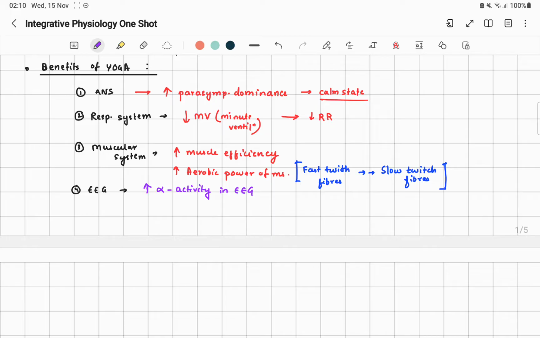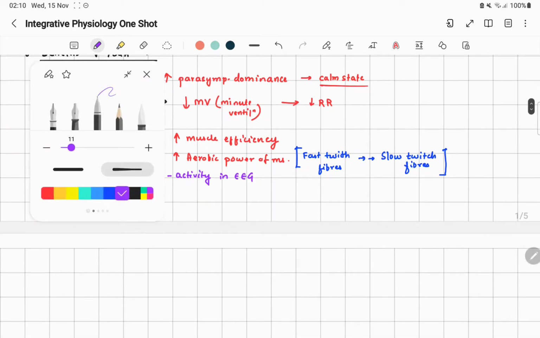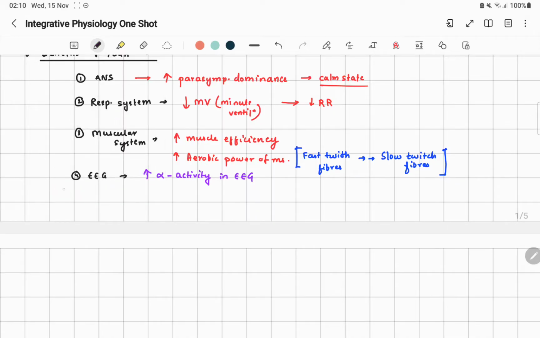Then yoga has a role in diabetes control also, diabetic and other disorders. It decreases the fasting blood sugar and improves the HbA1c, which is the average blood sugar concentration over 3 to 8 weeks.